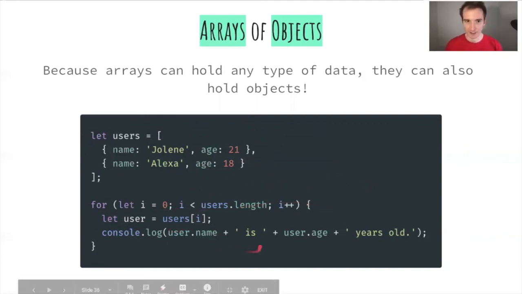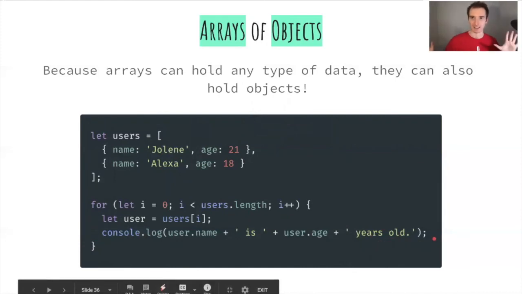So we run this code block and we're saying, okay, give me a variable which just grabs the first item in this array. Because i is 0, so uses 0, it gets us this one. And then we're console logging, okay, the name of the user is Jolene, is 21 years old.